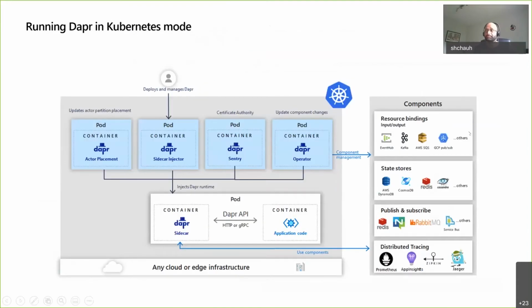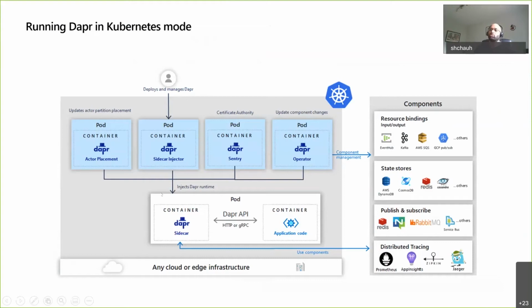Now, when you run Dapr in the Kubernetes mode, it utilizes the Kubernetes operator model. You can see the Dapr control plane running in Kubernetes, with the operator, sentry, sidecar injector, and actor placement.